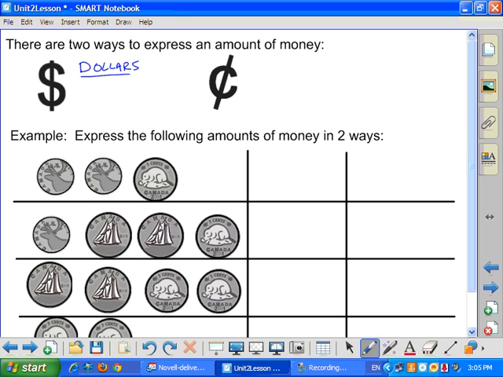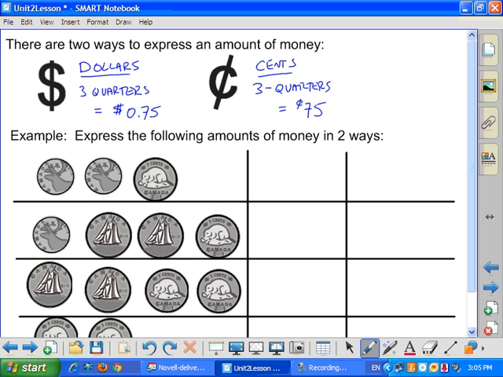So for example, if you have 3 quarters, it's 75 cents, but in terms of dollars, it's 0.75. Okay, in cents, so same example, if we go with 3 quarters, you know you have 75 cents, so it's the cent symbol with 75 and no decimal.